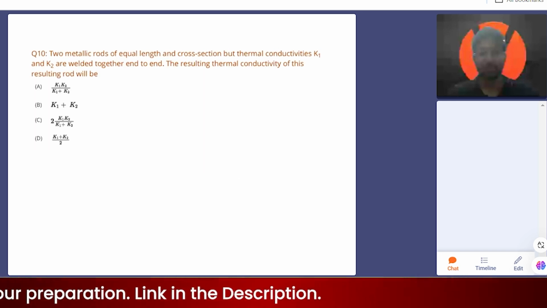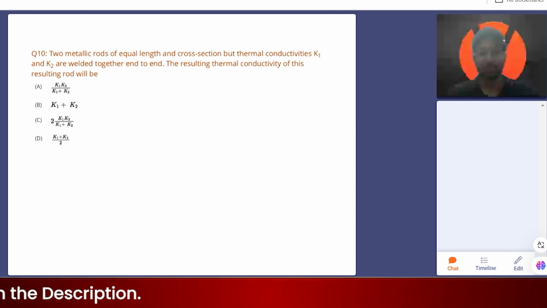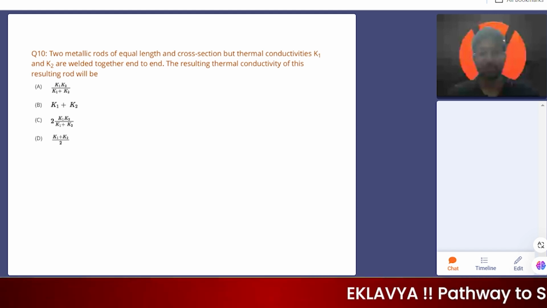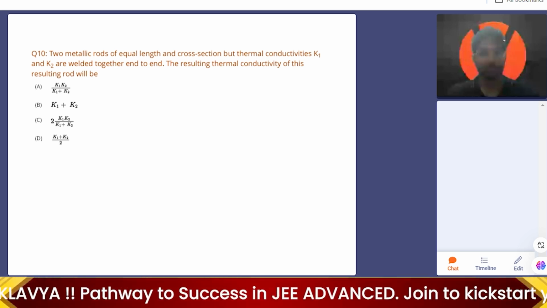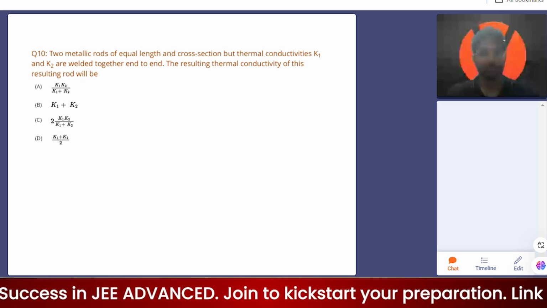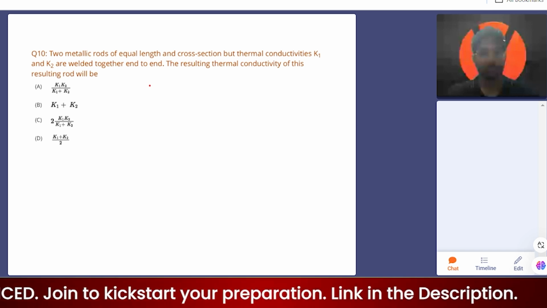Question 10. Two metallic rods of equal length and cross section, but thermal conductivities K1 and K2, are welded together end to end. The resulting thermal conductivity of this resulting rod will be. Well, this is pretty straightforward. It's the formula of K equivalent in series combination.